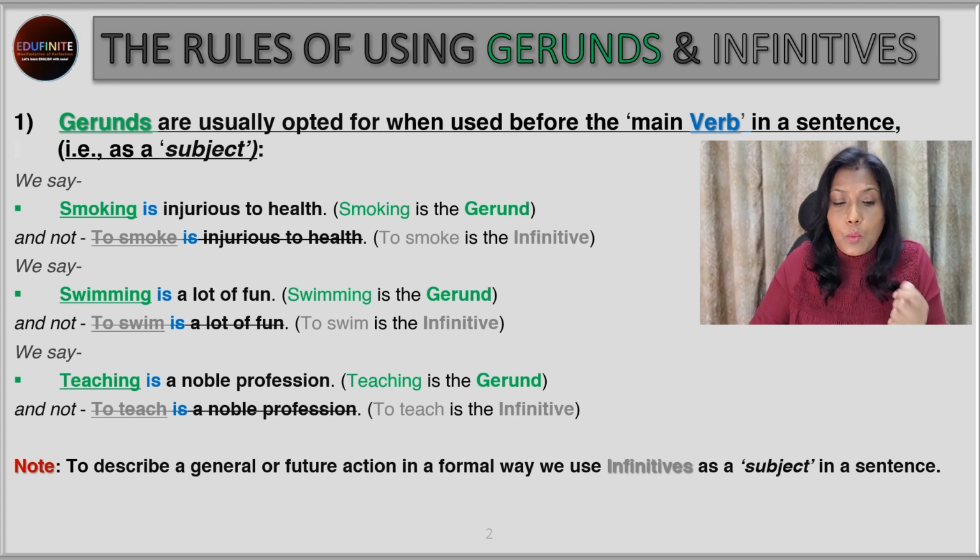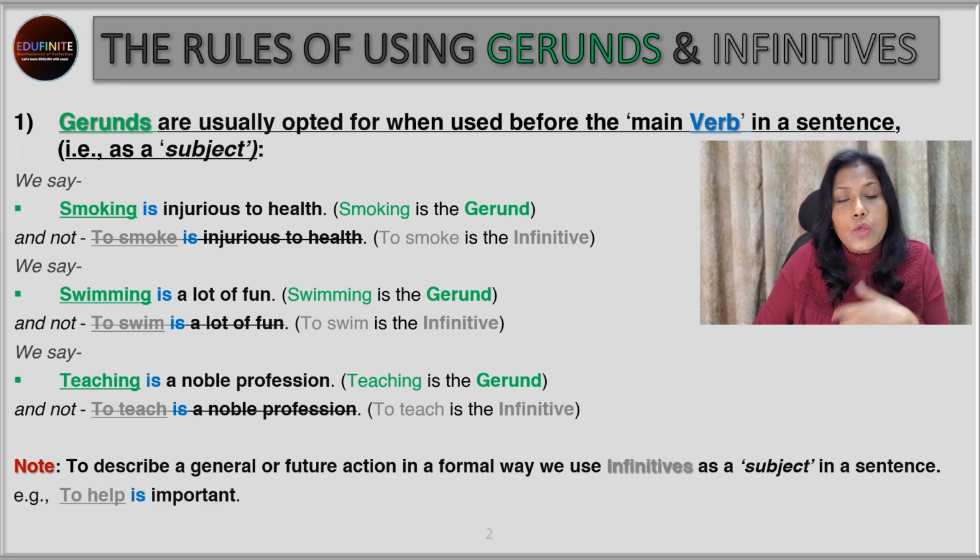You have to note here one thing. When we describe something that is general or a future course of action and we do it in a formal way, then we usually stick to the infinitives. We use infinitives as a subject in that particular sentence. Like, to help is important. So to help is the infinitive form.